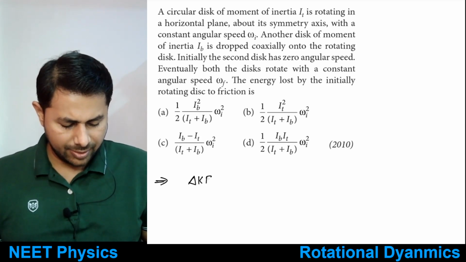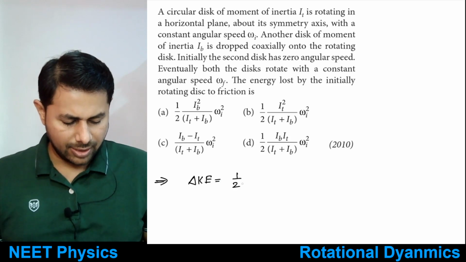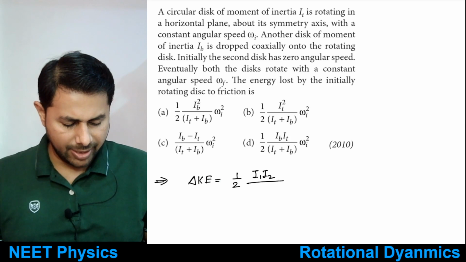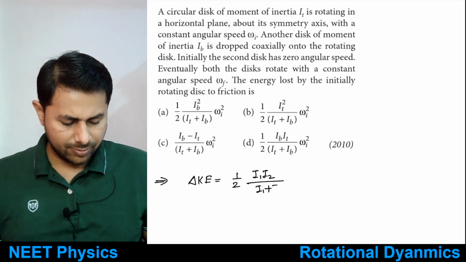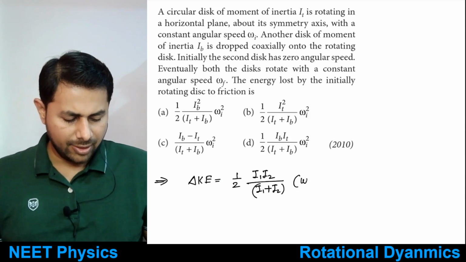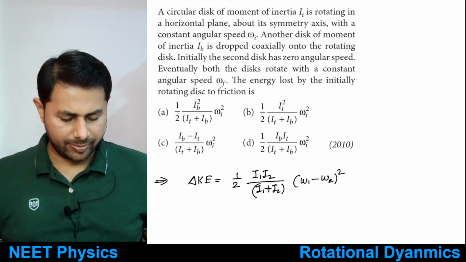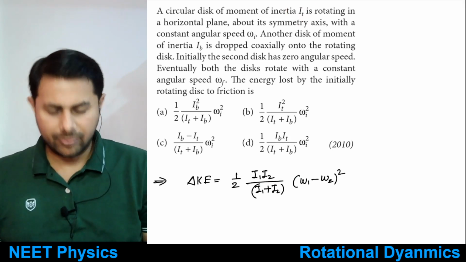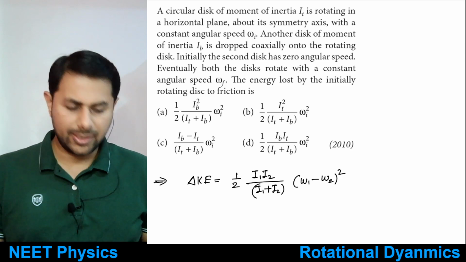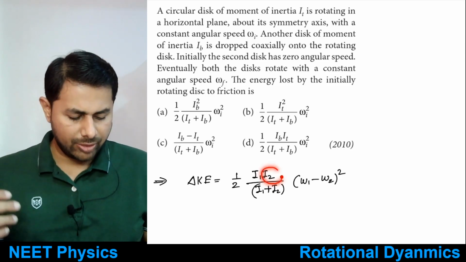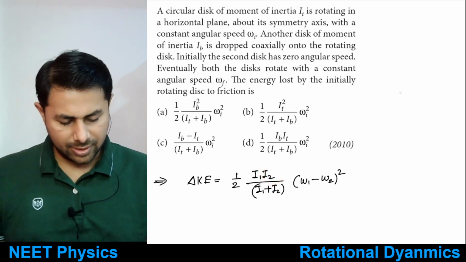Delta KE is equal to half of I1 I2 divided by I1 plus I2, multiplied by omega 1 minus omega 2 squared. They are calling the moment of inertia of the first disk IT and of the second disk IB.